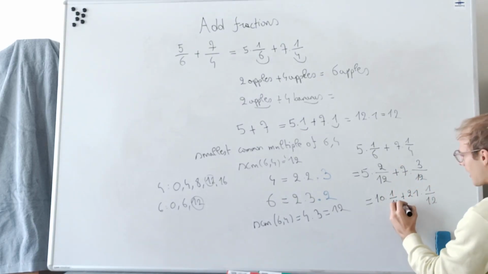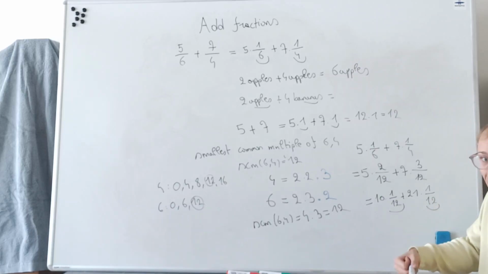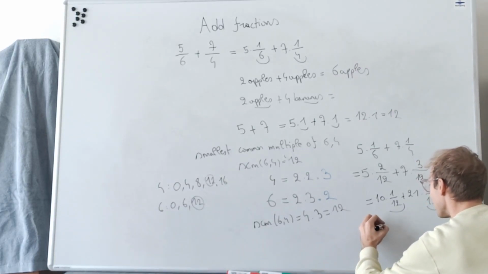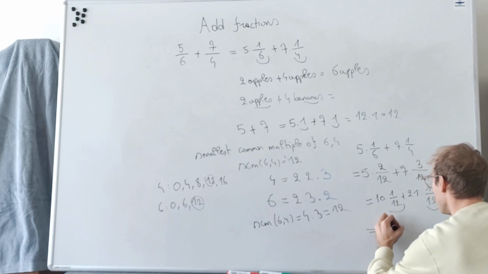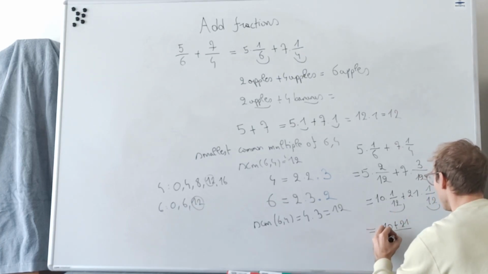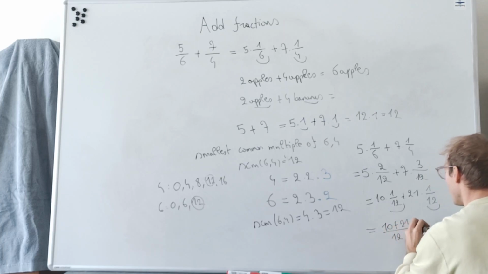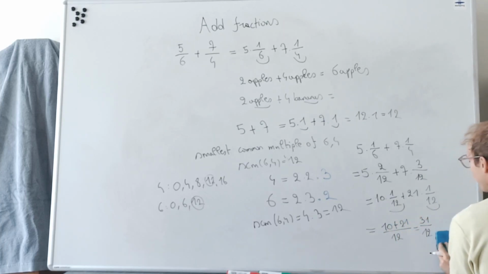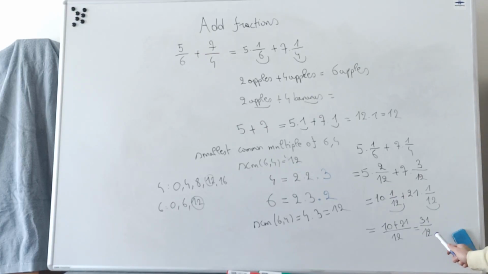And with our trick, I now see that I'm adding the same things to each other. So I can write this as 10 plus 21 out of 12, which is 31 out of 12, which I can no longer reduce because the prime factors of the denominator are 3 and 2, and they do not divide 31.